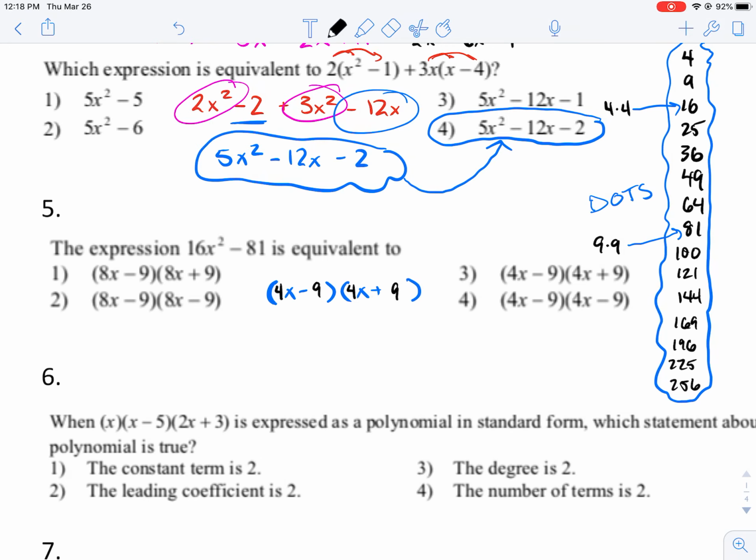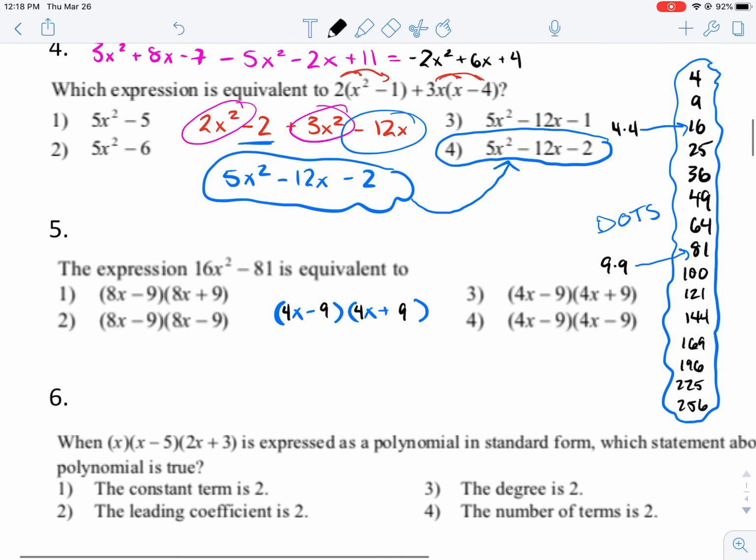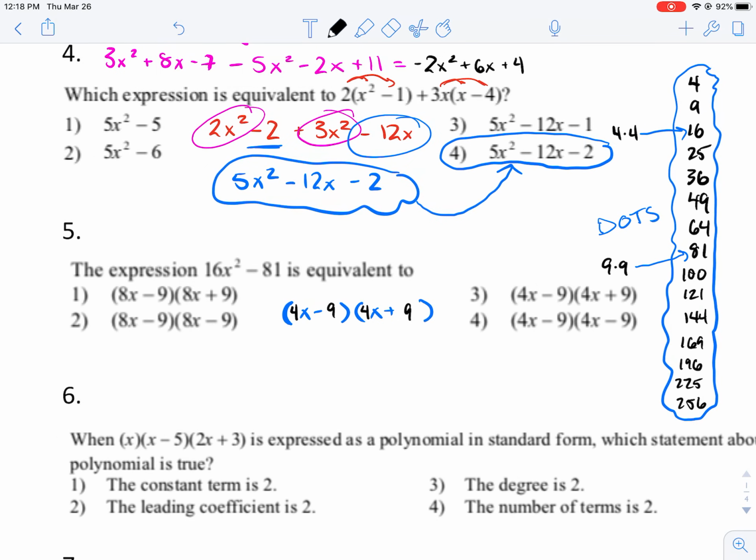But it's important to get into that habit. Just in case this was maybe like 5x squared minus 20, to stay with our difference of two squares problem. You might not recognize it's a difference of two squares problem at first, but when you take out your GCF, which is 5, you take out a common factor for both.